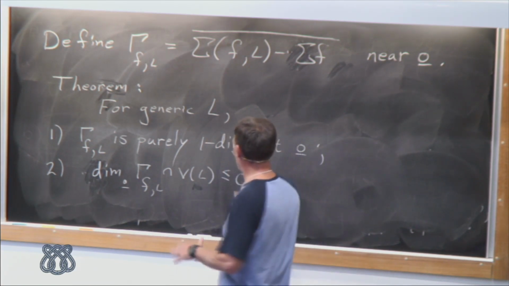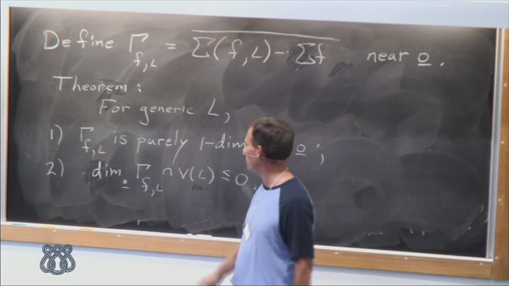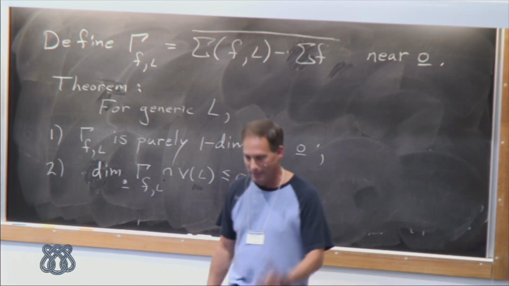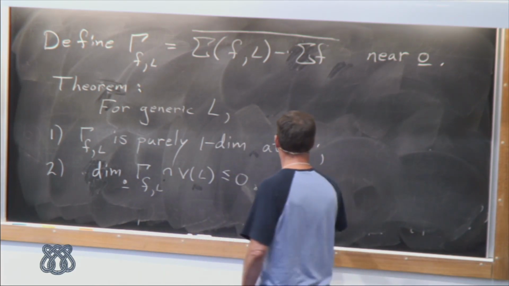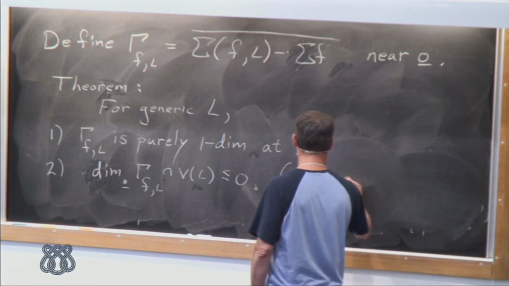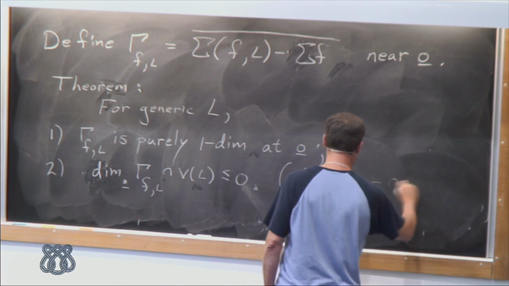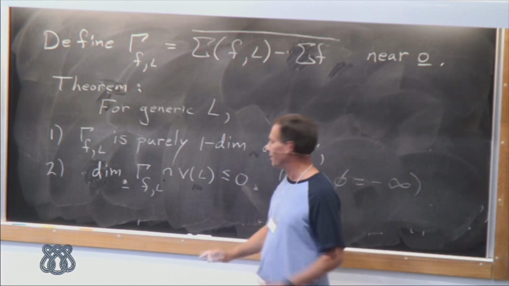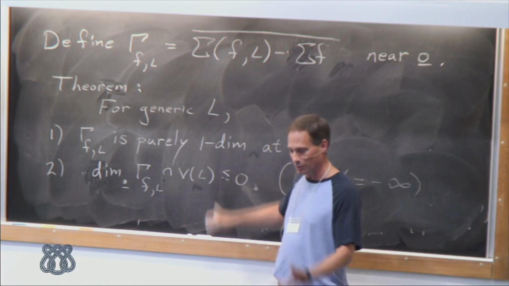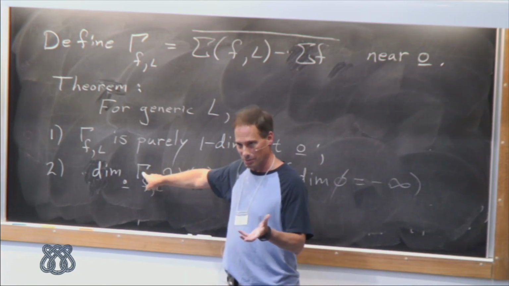With less than or equal to 0, I'm allowing for the possibility that this is empty, and by convention the dimension of the empty set is usually set to be negative infinity. This is just a convenient way of including the case where that is empty.